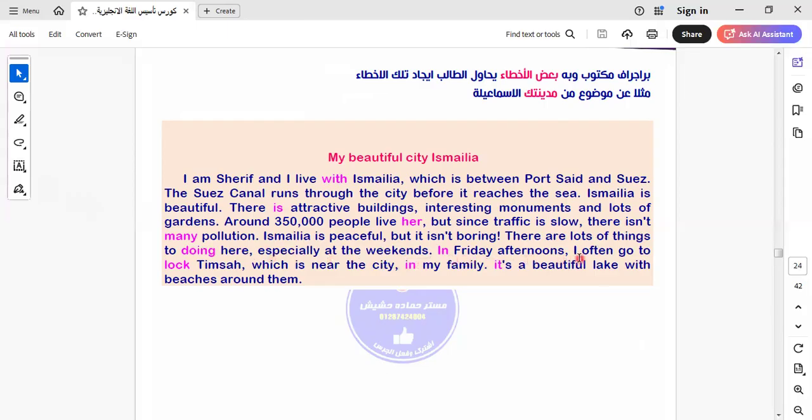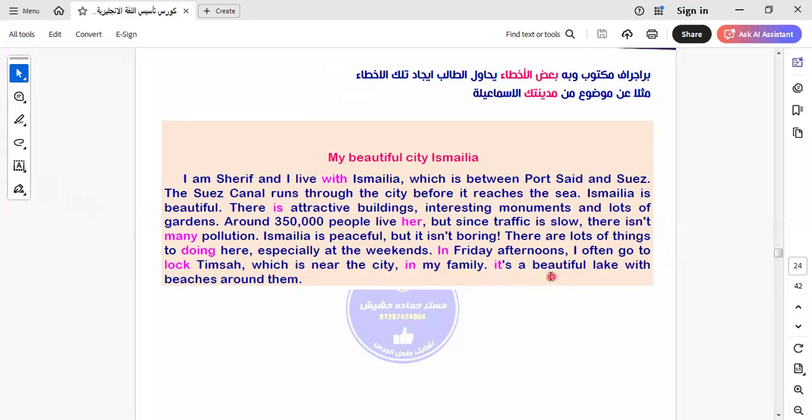On Friday afternoons, I often go to Lake Timsah, which is near the city. It's a beautiful lake. So here I talk about Lake Timsah, which is near the city.